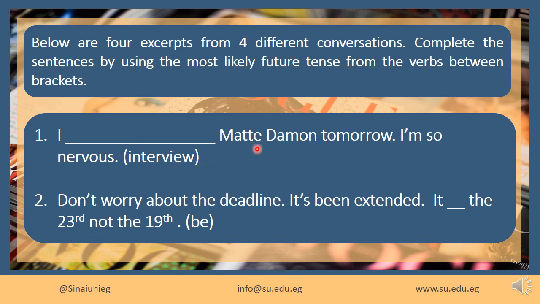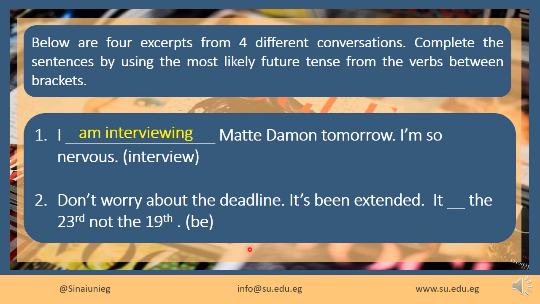If we take a closer look at this sentence, we find this is a previously fixed arrangement. So we have to use the present continuous form, because this is the one that talks about a previously fixed arrangement. So the answer will be, I'm interviewing Matt Damon tomorrow, I'm so nervous.